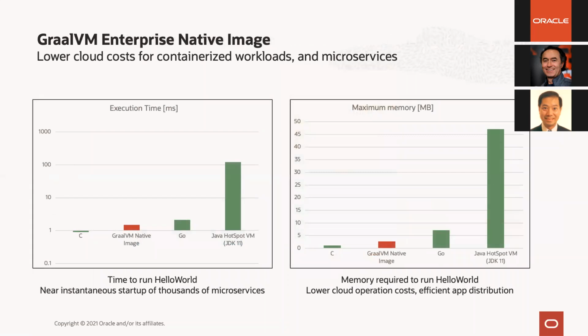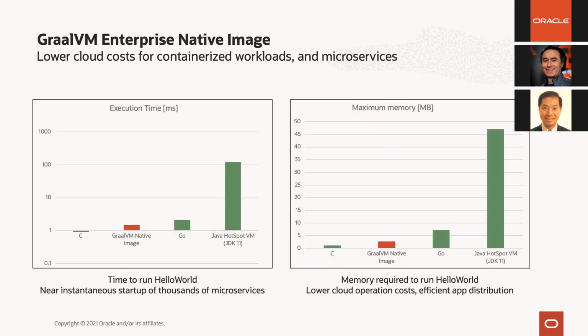So in terms of the results of this compilation, you have to imagine that what we're talking about now is a machine code executable that's just like any other application you may run, like a C or Go program. You can see here on the left, this is a simple hello world. I've just run hello world because I want to see the time it takes to boot up an application. In this case, you can see we're in the C and Go range for performance.